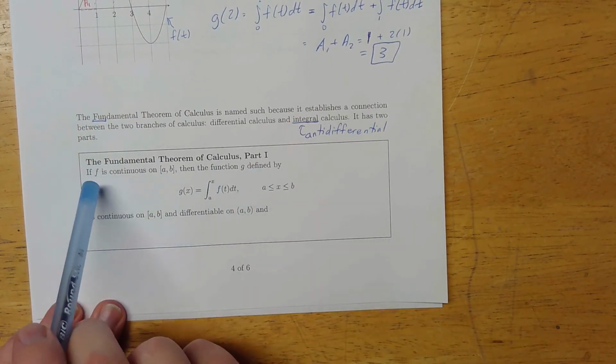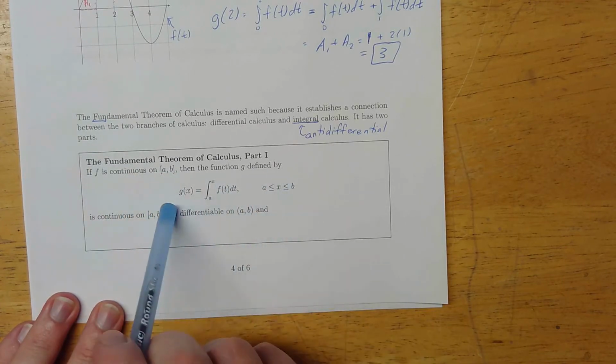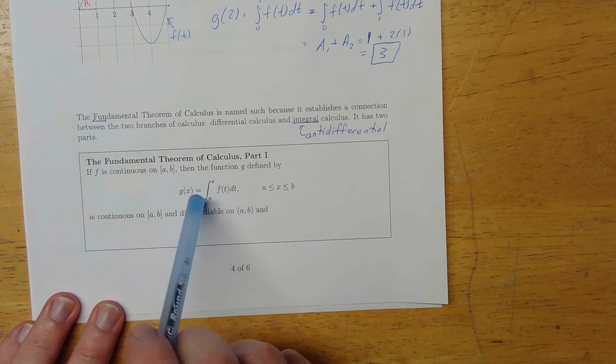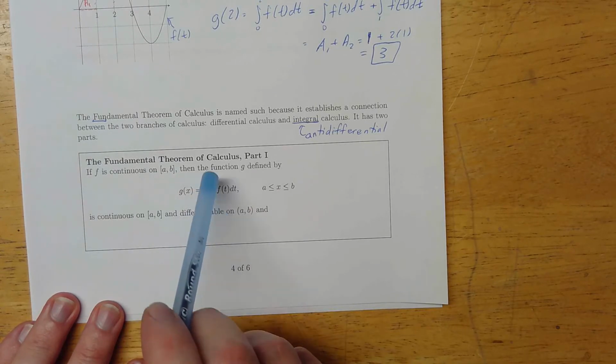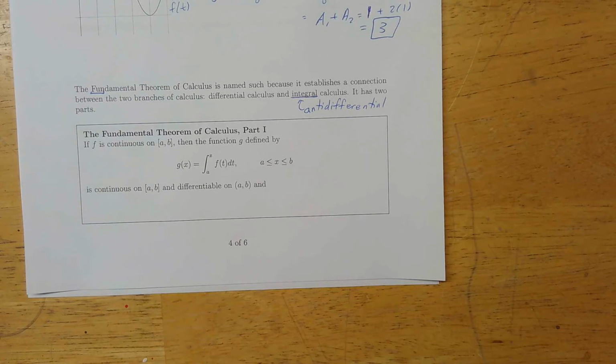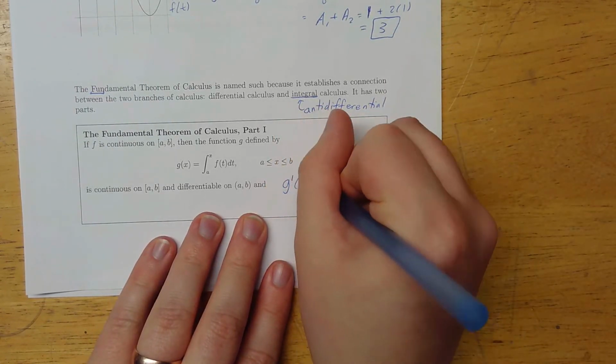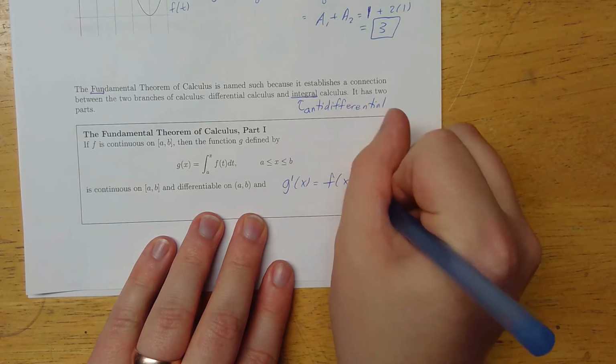If a function f is continuous on a to b, then the function g, defined by g of x equals the integral from a to x of f of t dt, where x has to be somewhere between a and b, is going to be continuous and differentiable on a to b, and the derivative of g equals f.